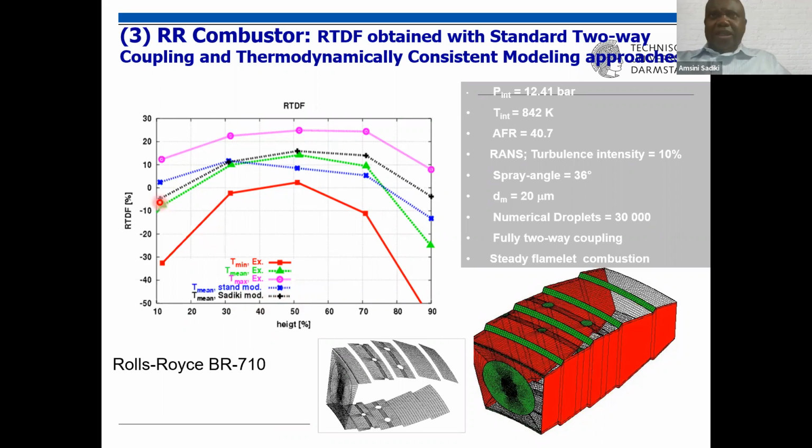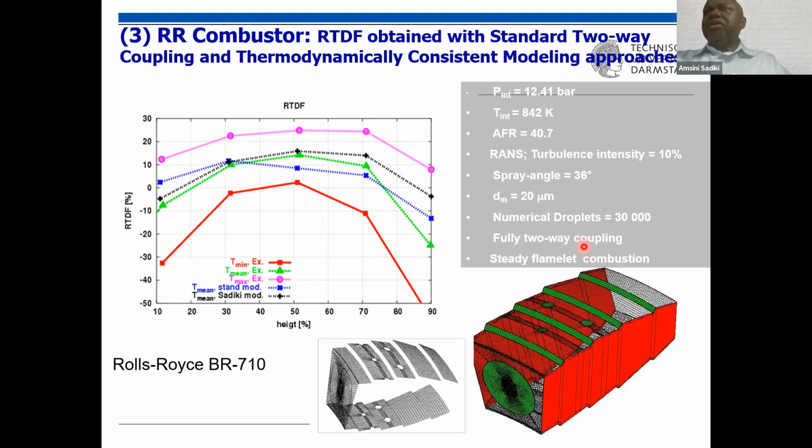And we see here that using our model, we were really able to predict the correct behavior of this temperature distribution compared to the standard one. And that is the reason Rolls-Royce decided to cooperate with us from the past up to now, and we have a good cooperation with Rolls-Royce.